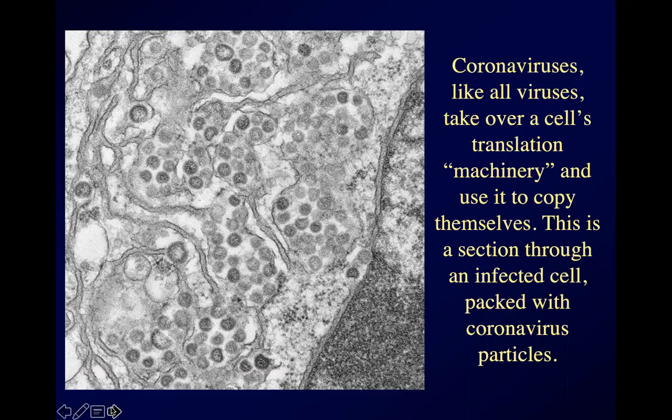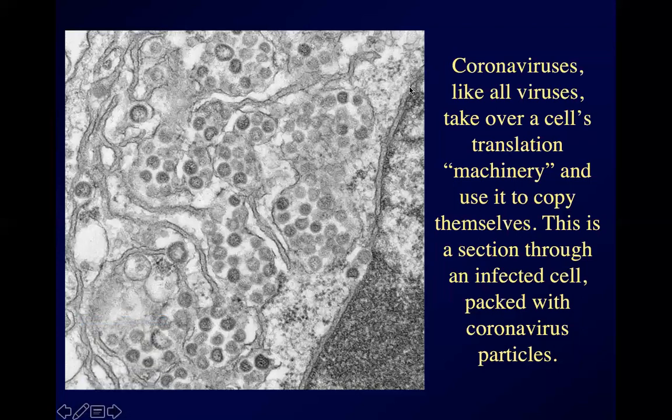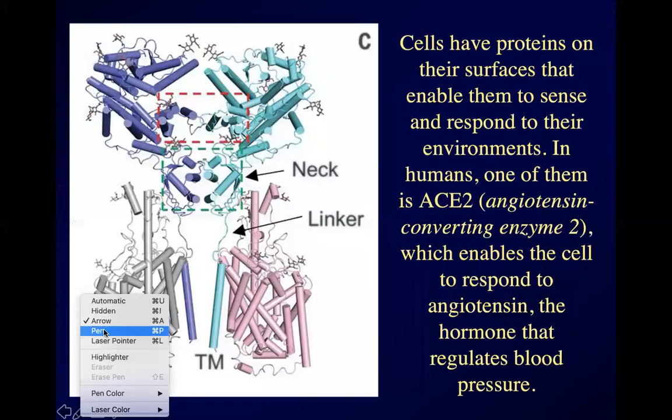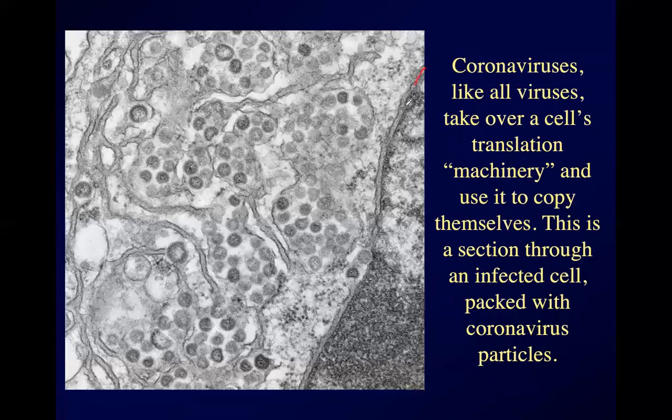And I think that's a cell infected with the SARS virus, but that's a coronavirus. The COVID-19 virus would look virtually identical to this. And you can see various membranes of the cell itself. This right here, that's the nuclear membrane right there.